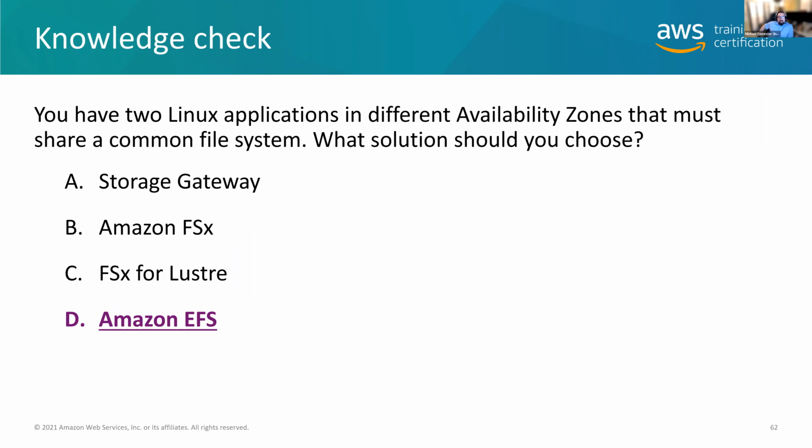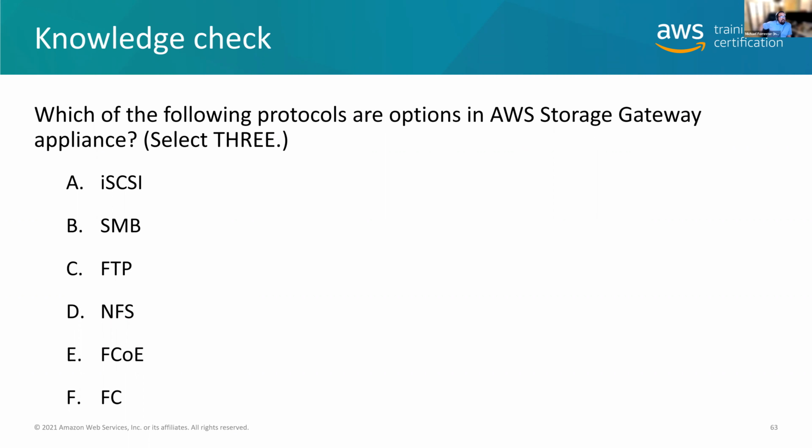Which of the following protocols are options with the Storage Gateway virtual machine appliance? What are three of the different protocols you can use? One of them covers the volume and tape versions, and then there are two protocols that are attached to the file version. Good.